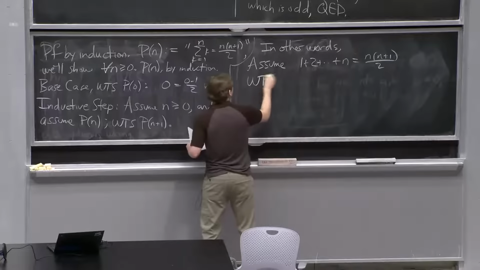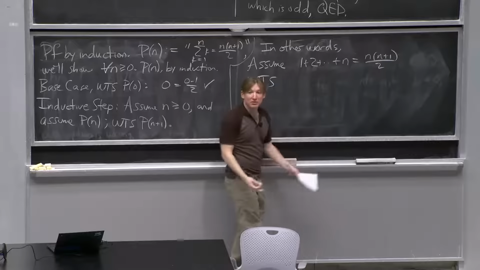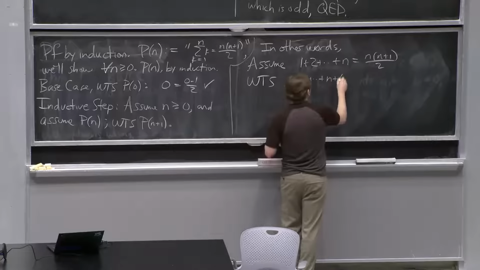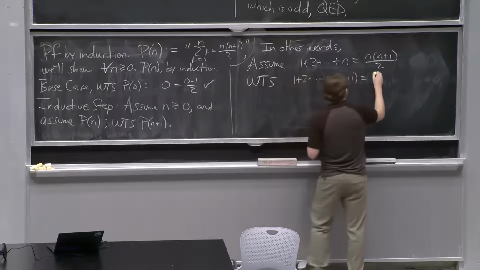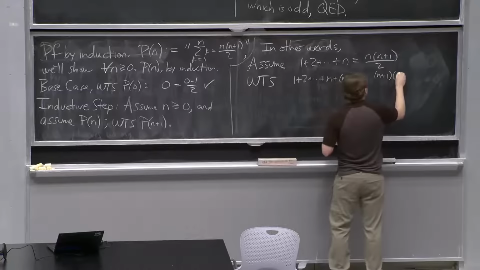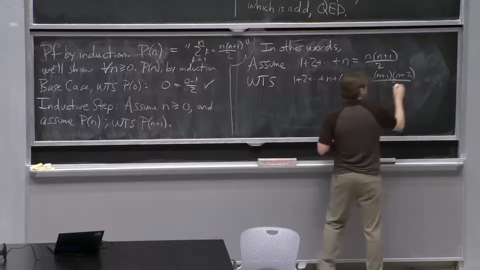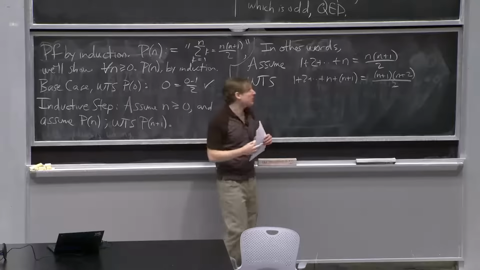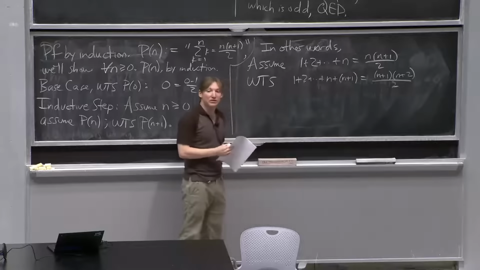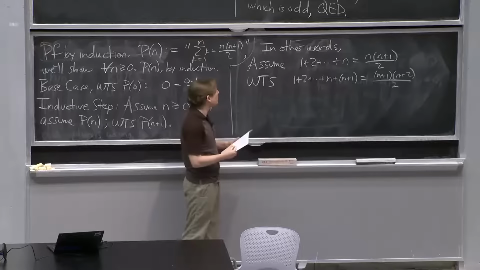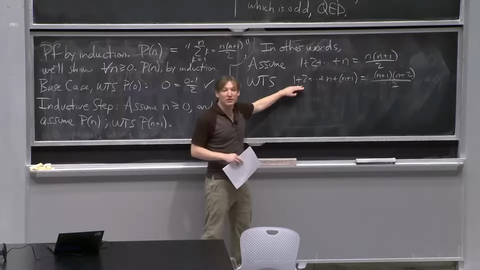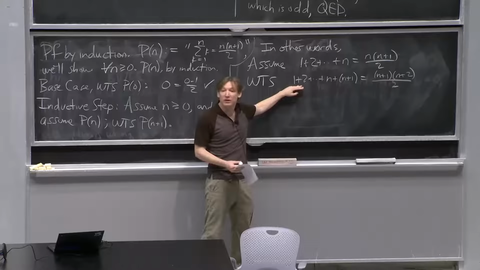And we want to show Pn plus 1, which says that the next row, n plus 1 times n plus 2 over 2. All right, and just by following the proof outline and by identifying the things we're supposed to identify, now we have a very clear task in front of us. Assume this row, use it to prove this next row. And we've already done that. We know how to do that.